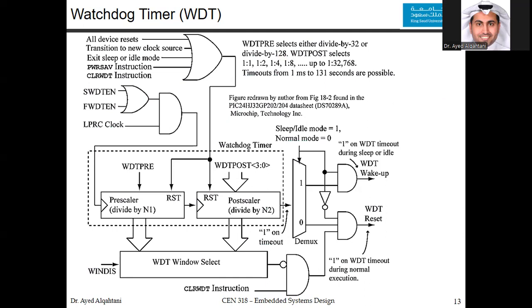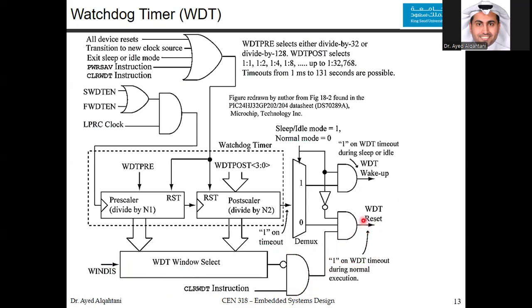The only thing that we didn't check for the watchdog timer is the window, which is this part here. First, let's check its output. Notice that the output here is connected to this AND gate. So it's equal to 1 on a watchdog timer timeout. We mean this point.